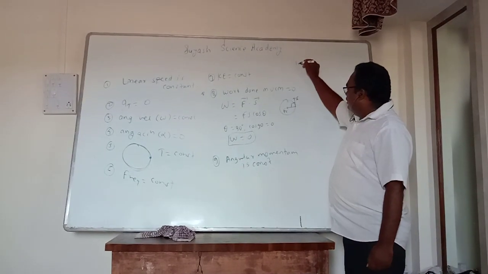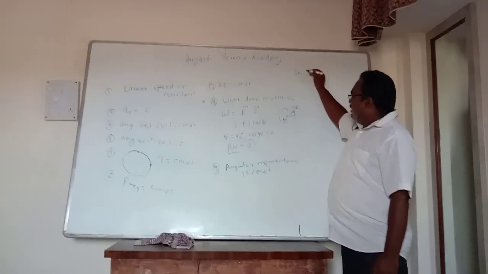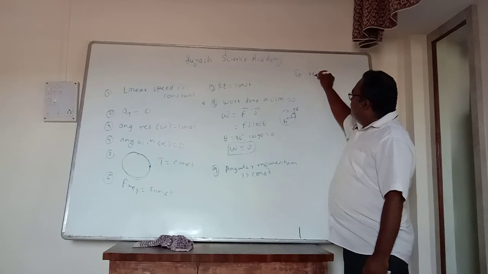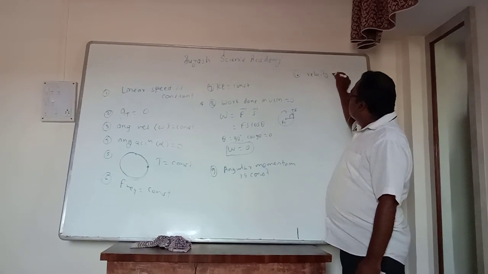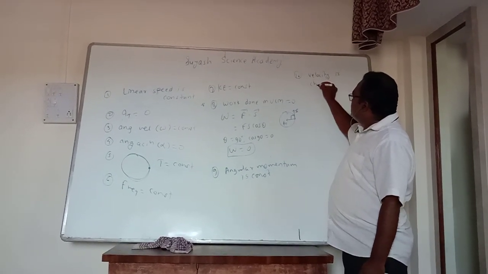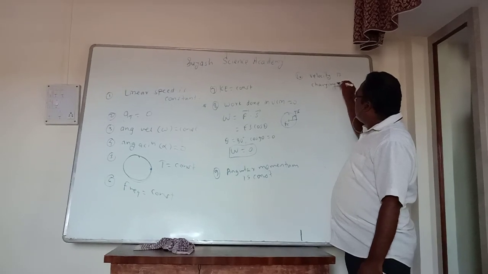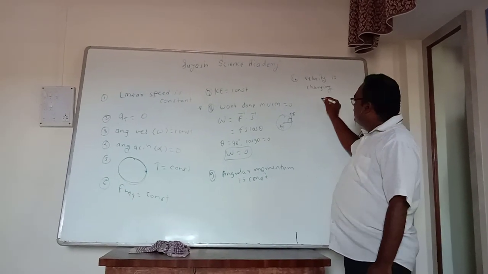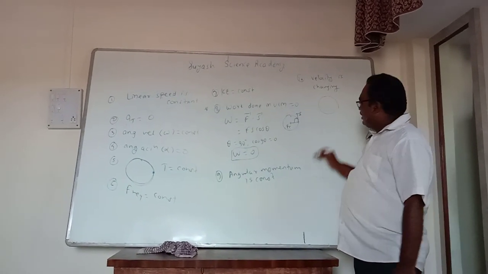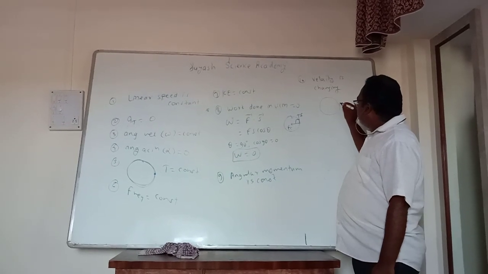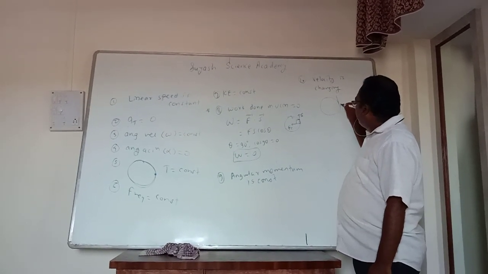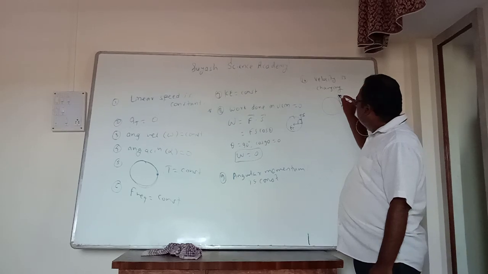The 10th property is about velocity. Velocity is changing, because velocity is tangential. Suppose a particle is at A, rotating in the anti-clockwise direction; the velocity will be in this direction.